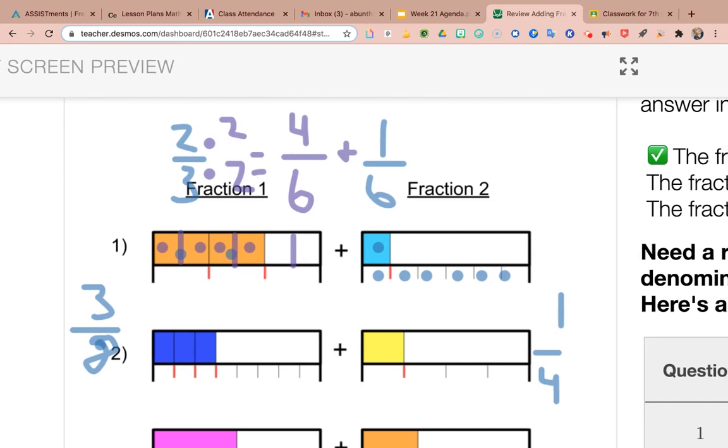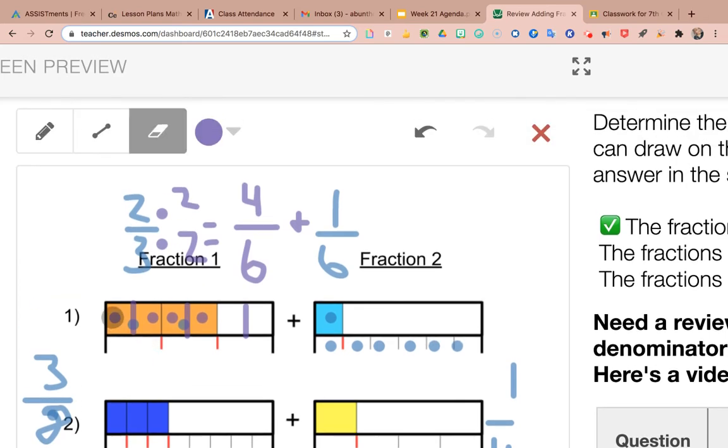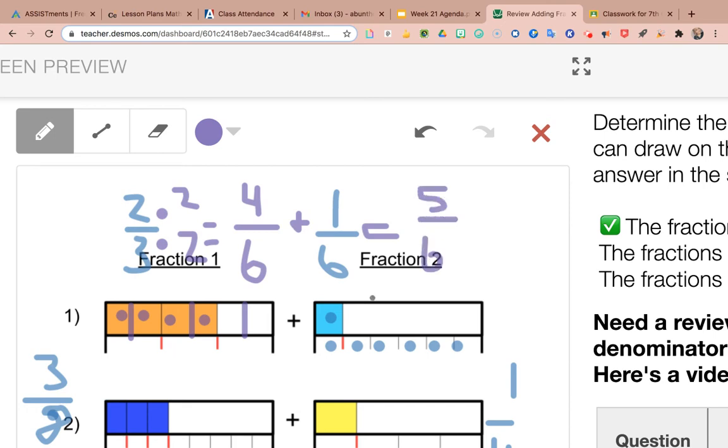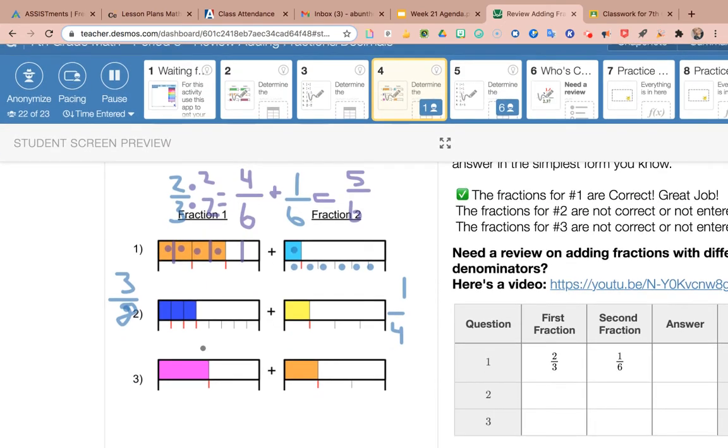So that's just a way to visually see it. It's like if I cut these into 2s, I now have 1, 2, 3, 4 shaded out of 6. And then I would just add them. So I have 4 plus 1, that's 5. And then there's still 6 pieces. So that's what you're going to do for each of these.